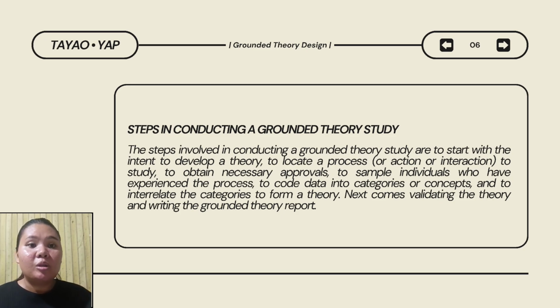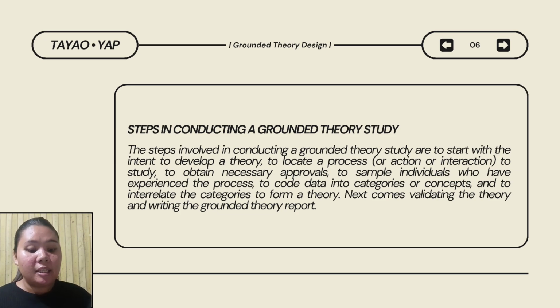You are going to conduct theoretical sampling. What do we mean by theoretical sampling? It is defined by Glaser and Strauss, 1967. It is a way of collecting data and deciding what data to collect based on the theory and categories that emerge from your data. So that's theoretical sampling.